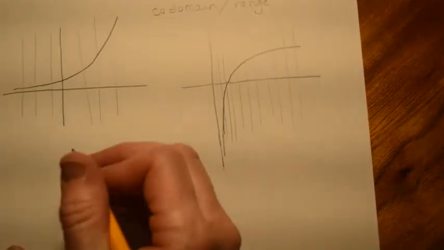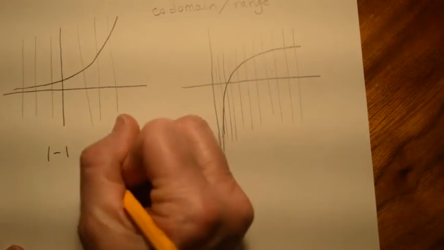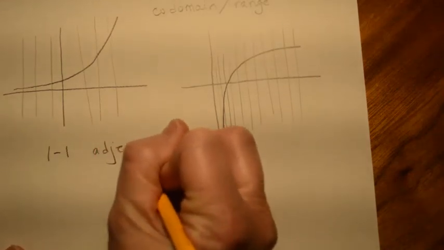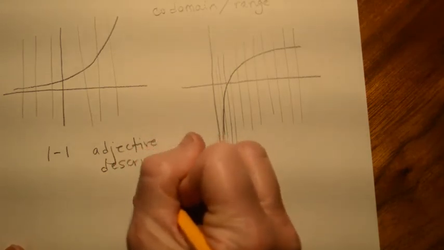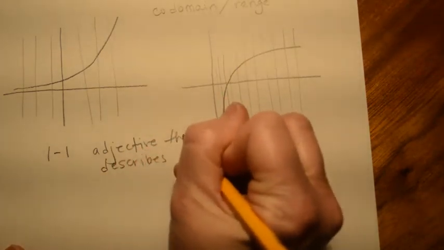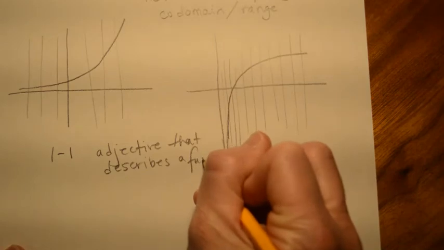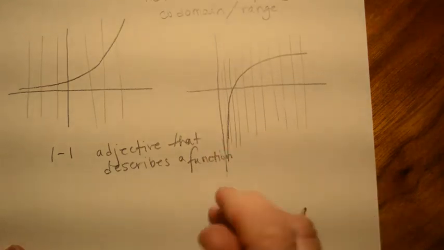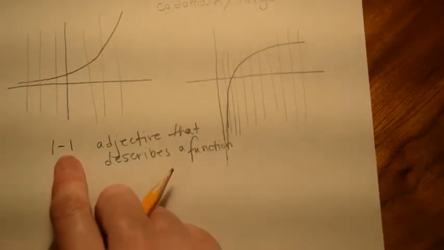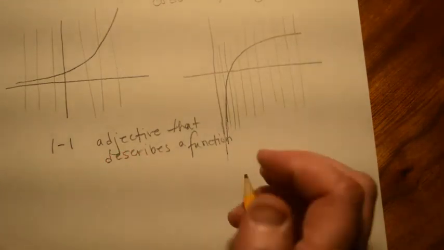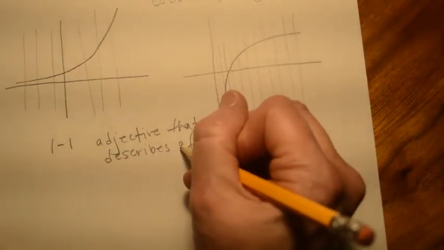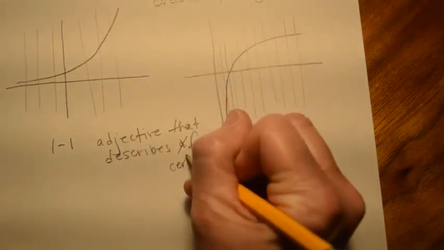All right, so 1-to-1 is an adjective that describes a function. So if we don't have a function, we can't possibly call it 1-to-1. It's only an adjective that describes certain functions.